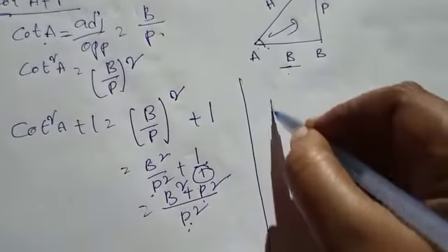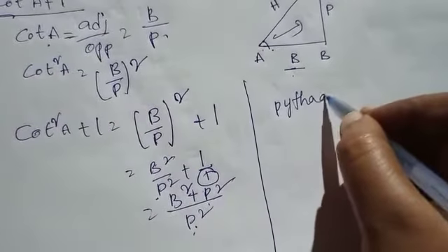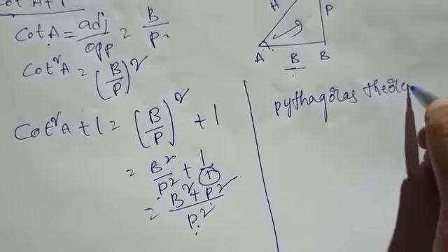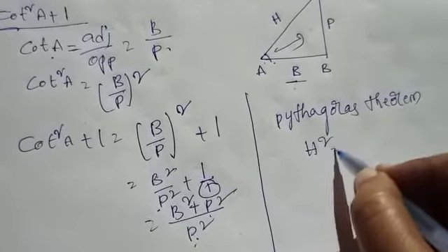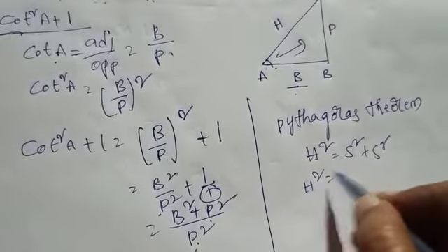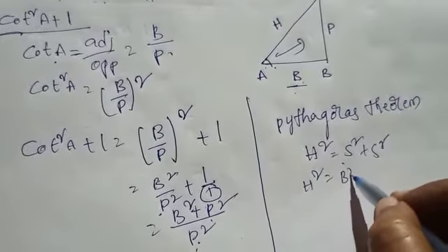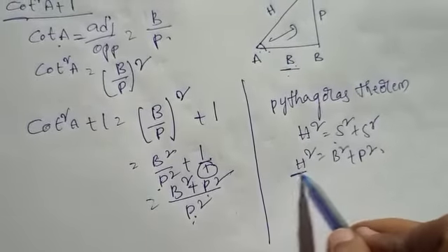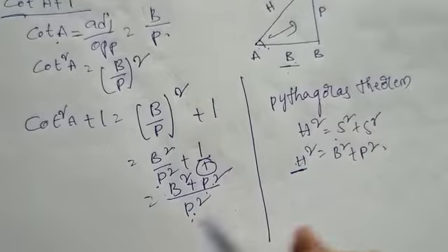Using the Pythagoras theorem, hypotenuse square equals side square plus side square. Hypotenuse square is H square, and the side squares are B square plus P square. B square plus P square equals H square.